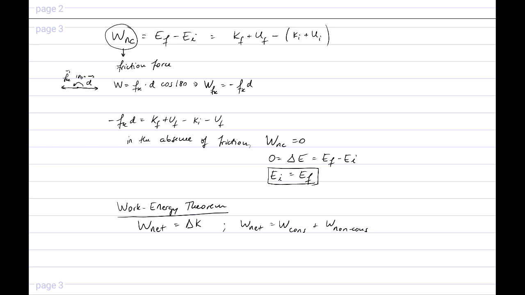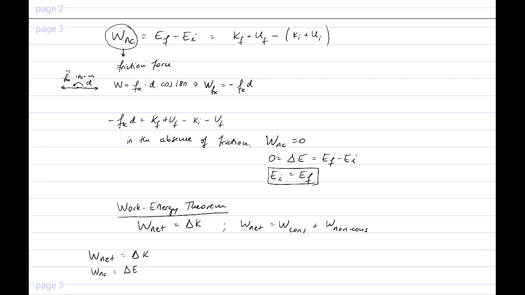So there are really two ways of looking at this equation. Let me rewrite these two. So we have work net is change in kinetic energy, and then work done by non-conservative forces is change in total energy. And I said that I would use K for kinetic energy, so I got rid of that E over there.